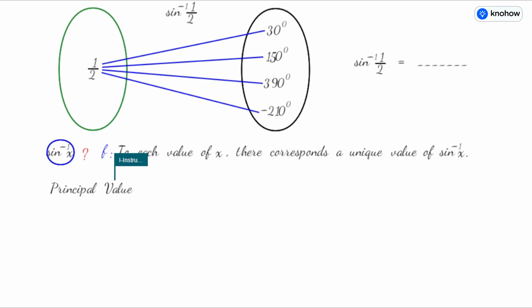So we'll have the range of sine inverse x, cos inverse x, tan inverse x, etc., as the respective principal value branches, and then to each value of x there will correspond exactly one value of sine inverse x. For example, we'll find that the principal value branch for sine inverse x is minus pi by 2 to pi by 2. So sine inverse half can only be 30 degree or pi by 6. This we'll discuss in the next class.